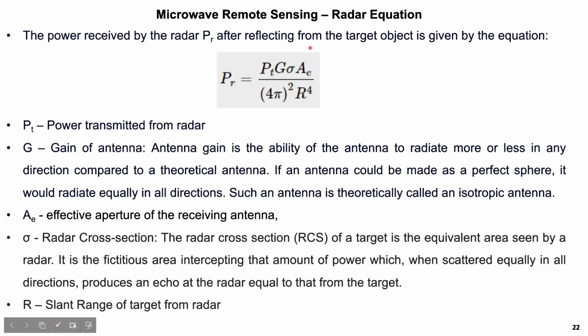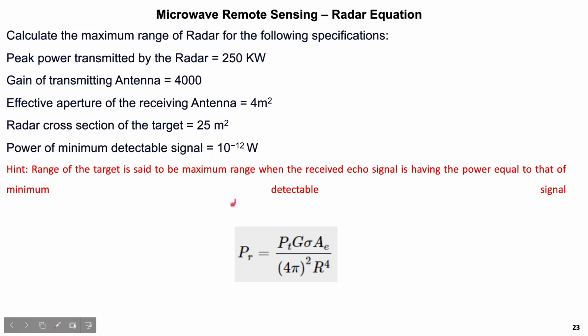So how much your radar is able to receive, and effective aperture of the receiving antenna. So that is with respect to your radar cross section, and the R is your slant range. So this is the fundamental equation from where we will be able to find out what is going to be the range of the radar given the parameters.